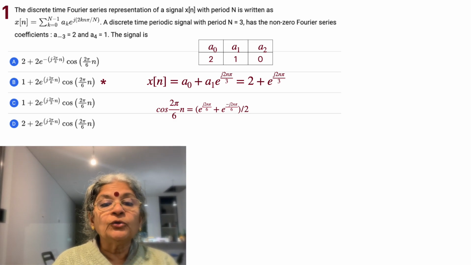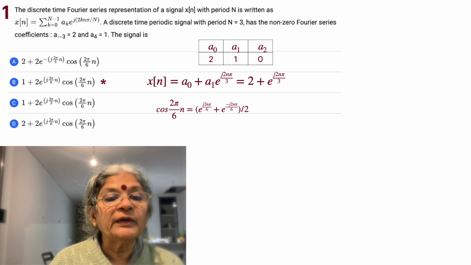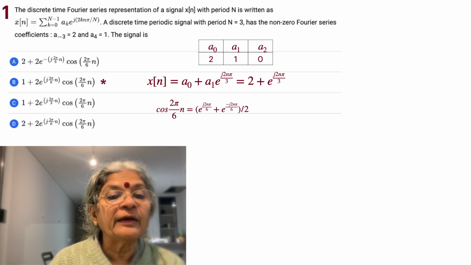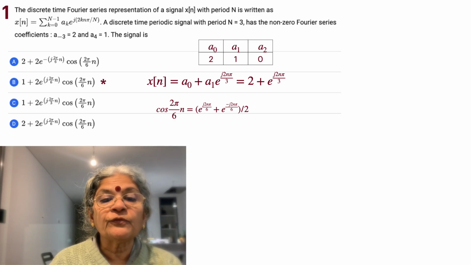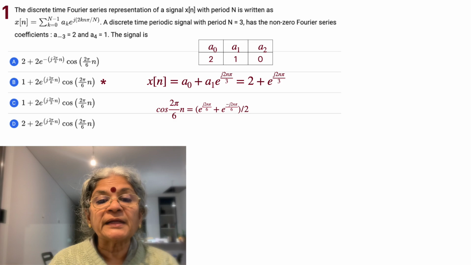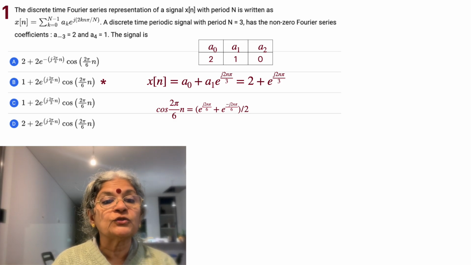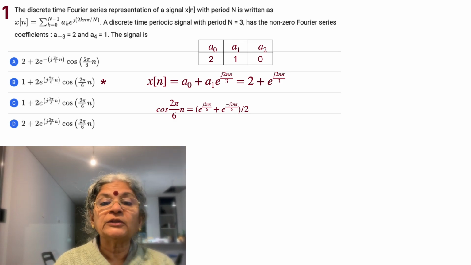Let's see, do we have any e raised to... In option B, we have e raised to j 2 pi n by 6. So if it multiplies e raised to minus j 2 pi n by 6, we have e raised to 0, and that's only one term of it, and so 2 multiplied by that particular term by 2 gives us 1. So 1 and 1 make 2. That's okay.